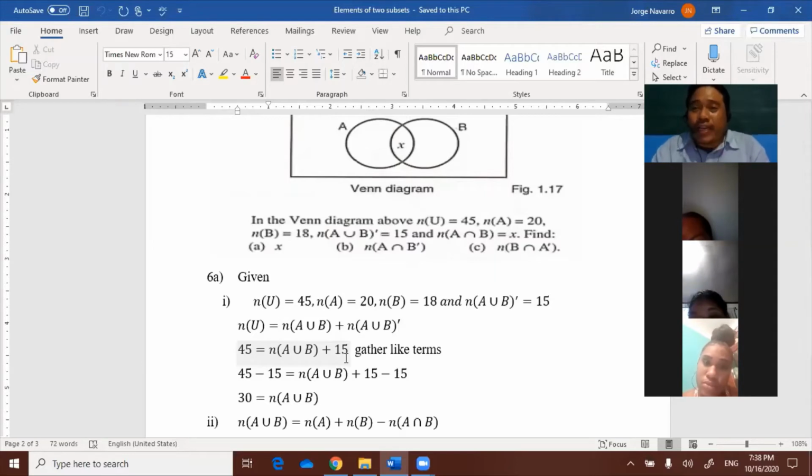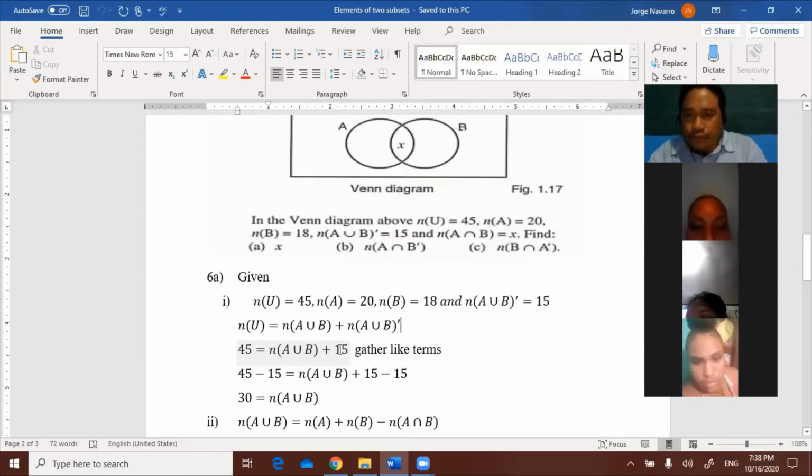Now, I want to know what A union B is. All right? To do that, I gather like terms. Just like in primary school, when I tell you whatever you do to one side, you do to the other side, same thing we're going to do here. That is called gathering like terms. So to gather like terms, I must move the 15 by doing the opposite of it. So the opposite of adding 15 is to minus 15.